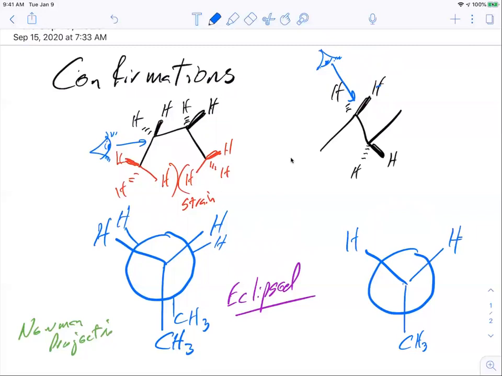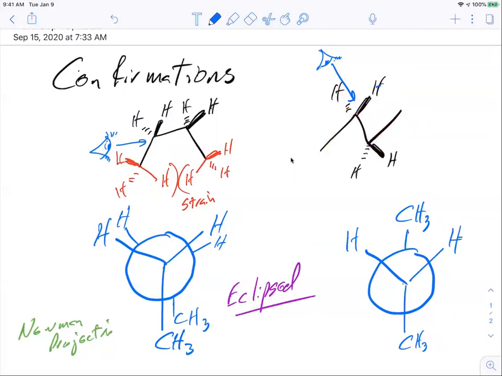But then when I look at the back carbon, my eye is here and I'm looking at the back carbon, where's the methyl group? Based on my perspective and based on this methyl group, that methyl group is straight across from it. It's going to be straight up. So that gives us CH3.